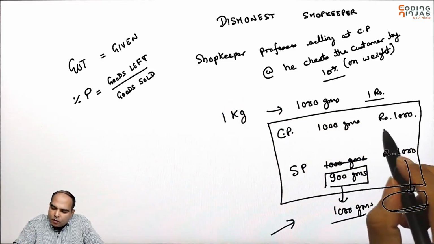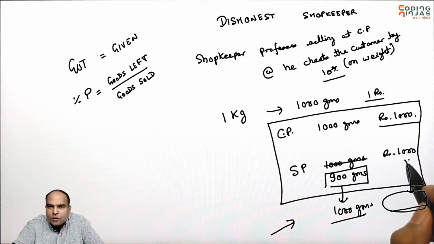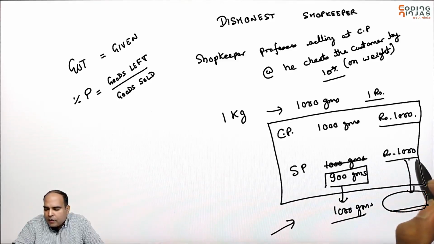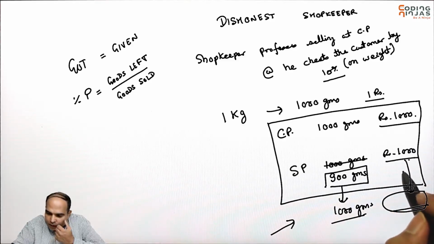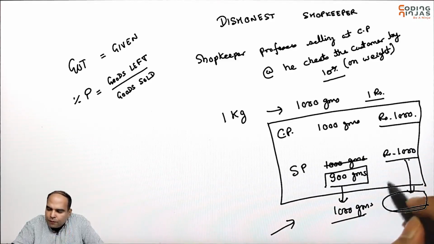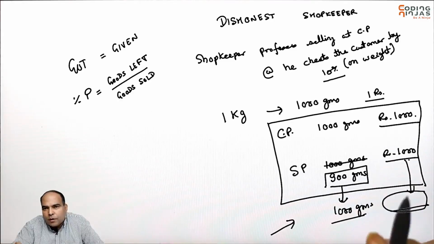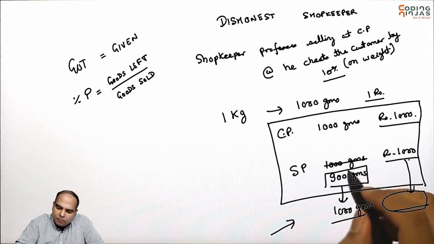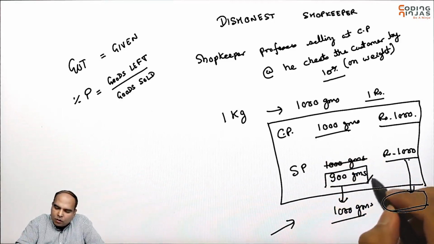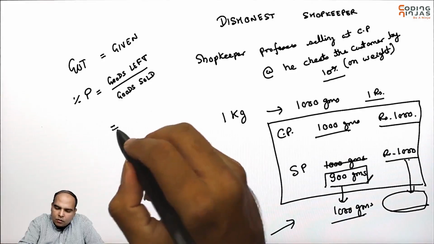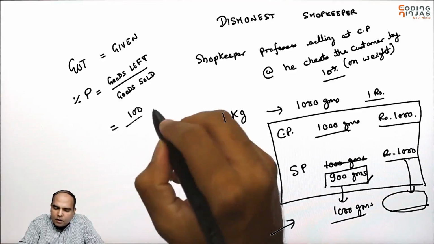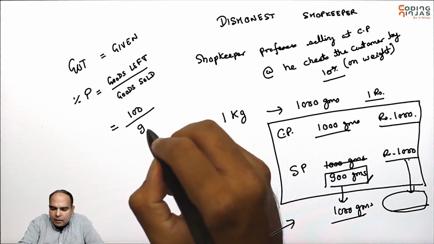So in this case, because he's given 1000 rupees to his supplier and he's got 1000 rupees back from the customer, his profit can be measured in terms of how much goods he's left with on the basis of what he sold. Because he's bought 1000 grams and sold 900 grams, his goods left is 100 grams and his goods sold is 900 grams.